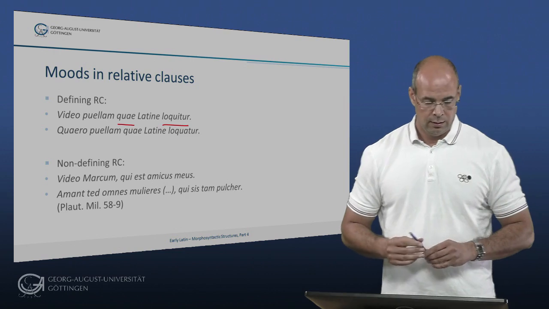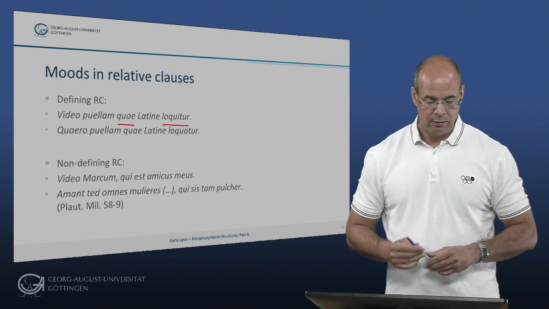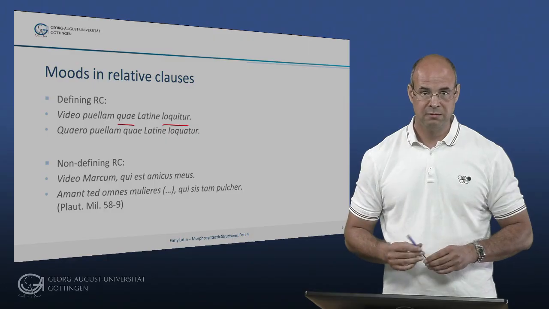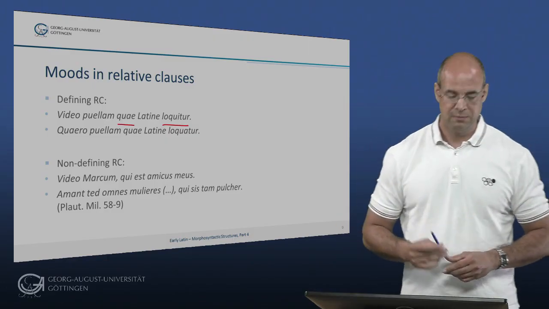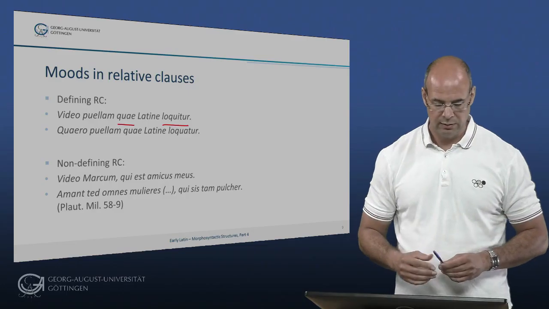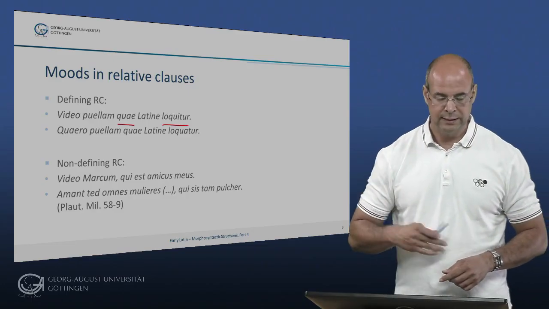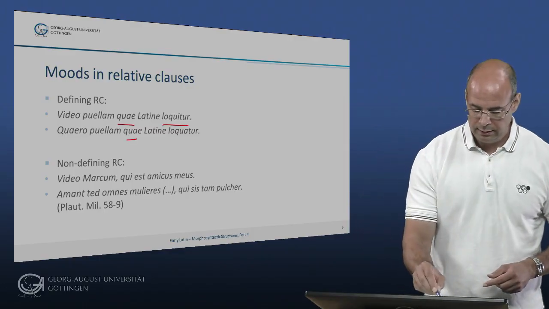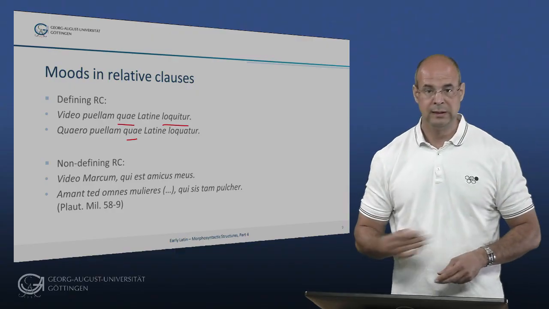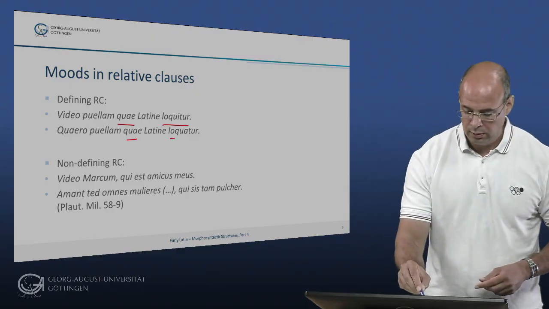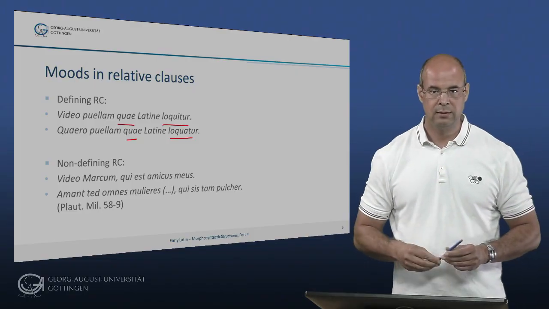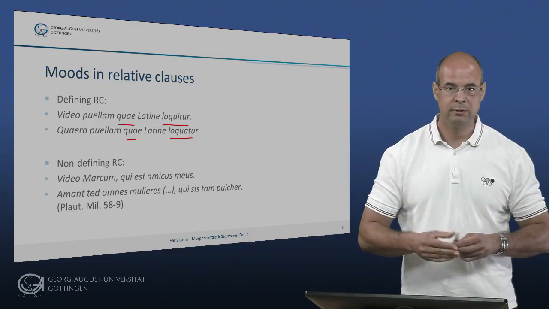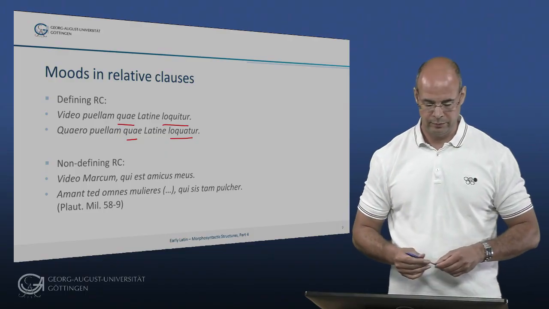In defining relative clauses, I can also use a subjunctive, but that indicates that the noun modified is indefinite and specific. So, quaero puellam, I'm looking for a girl, quae Latine loquatur, who speaks Latin, a girl of the type who is able to speak Latin.